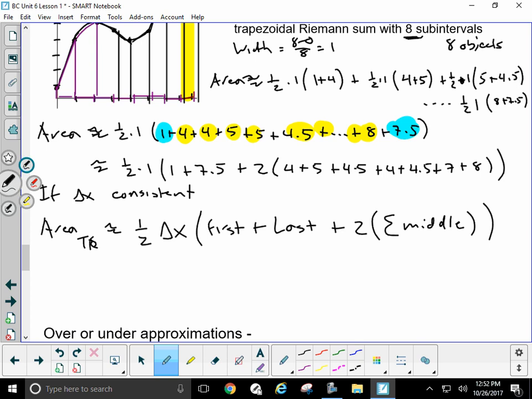And this is a kind of a shortcut formula. Might save you some time.